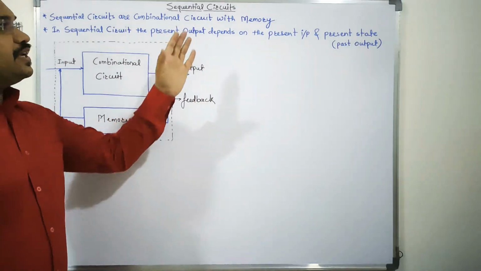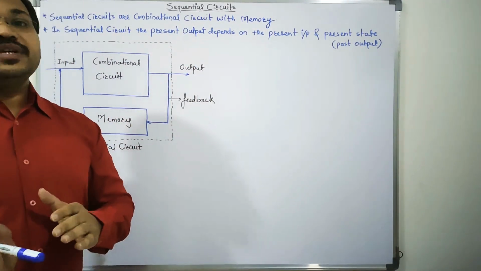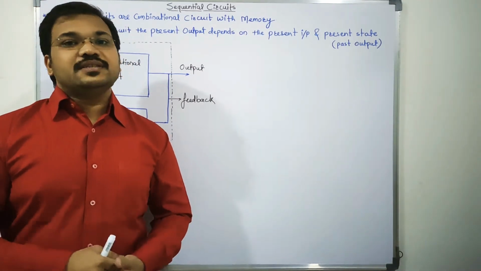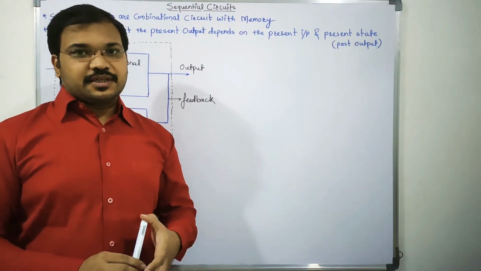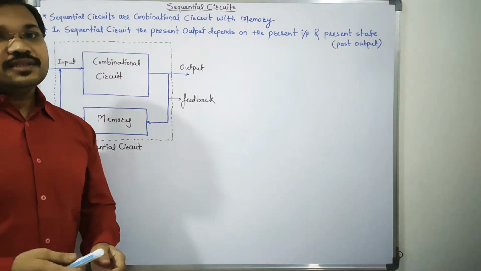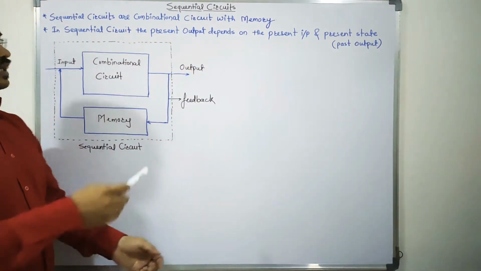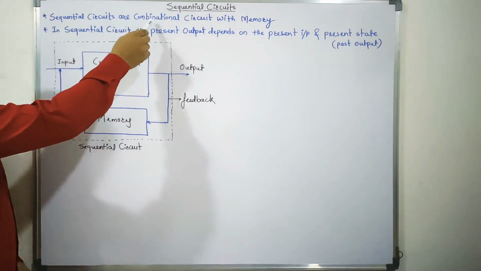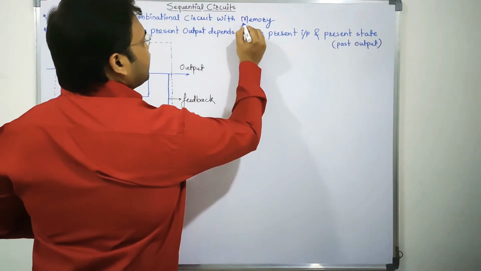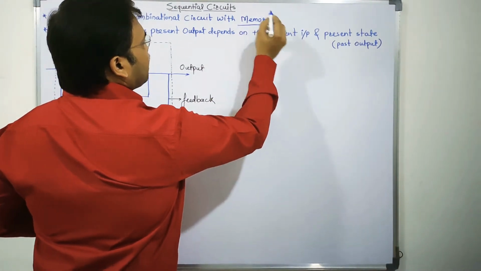We'll discuss the difference between the combinational circuit and the sequential circuit. Sequential circuits are combinational circuits with memory. That is one of the important terms in this case: memory.